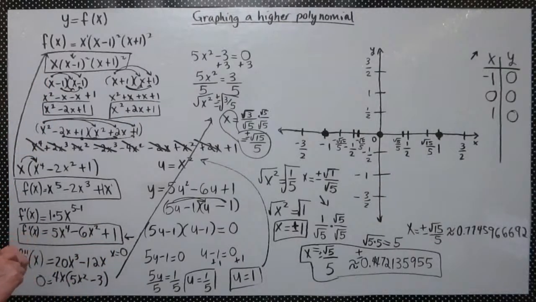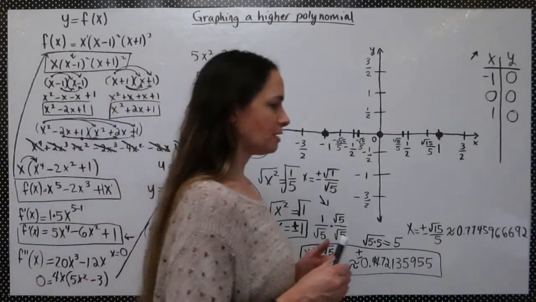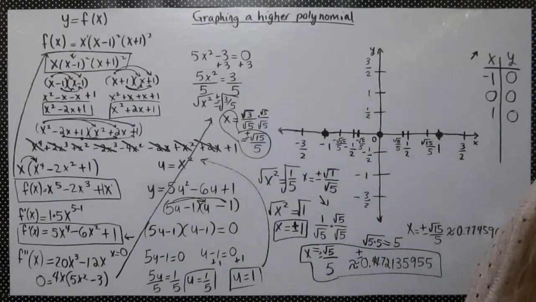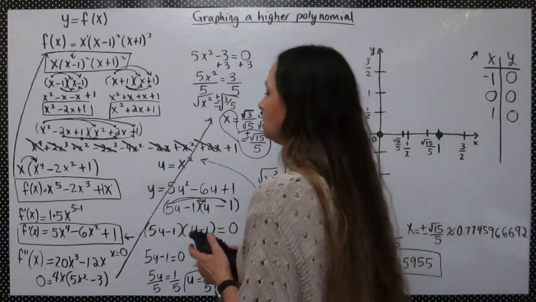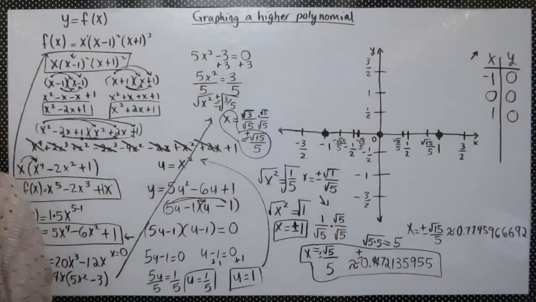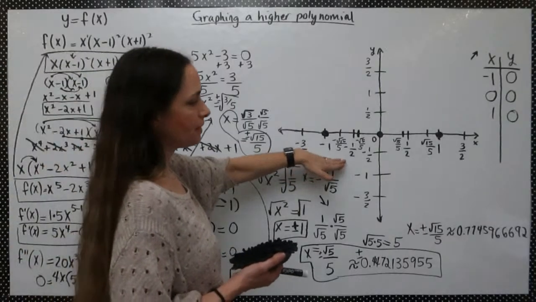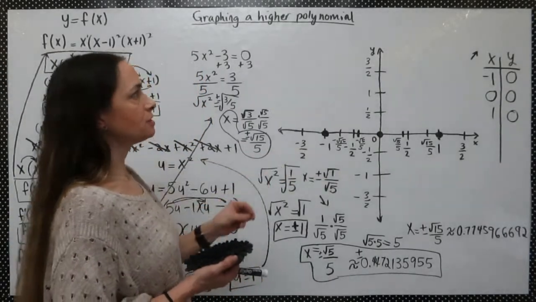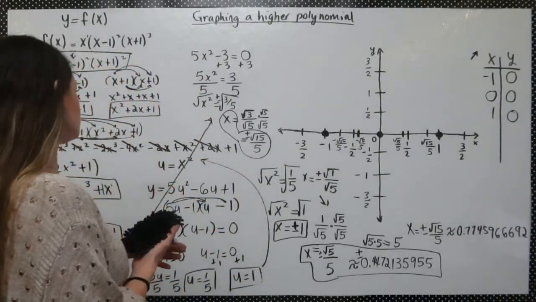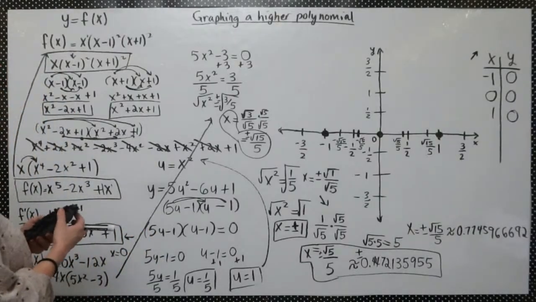But what I want to do now is start evaluating this function, which I think maybe is what I should have done to begin with. So I want to start evaluating the original function at some of these critical values that I've found, so that I can sketch the graph and figure out what's going on.